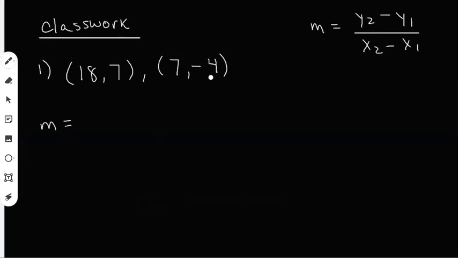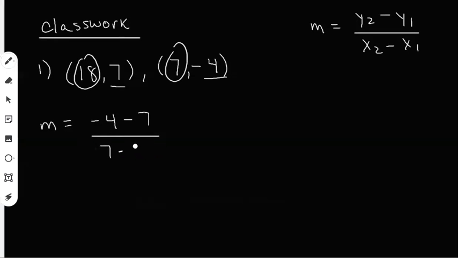So I'm going to underline the y values, the -4 and the 7. I'm going to subtract those on top. And then the x values, I'm going to circle those. So the 7 and the 18. I'm going to do that on the bottom.